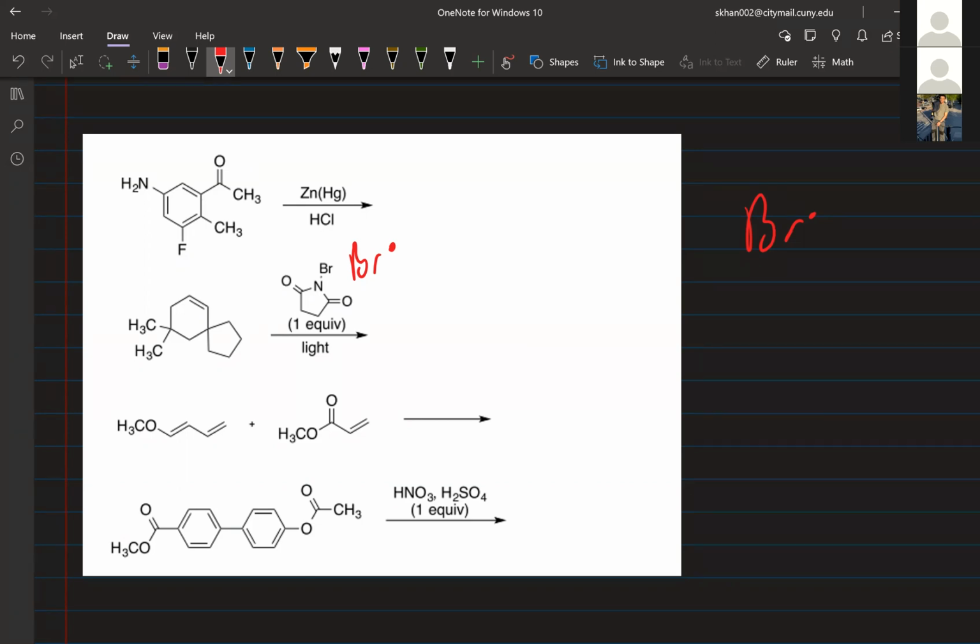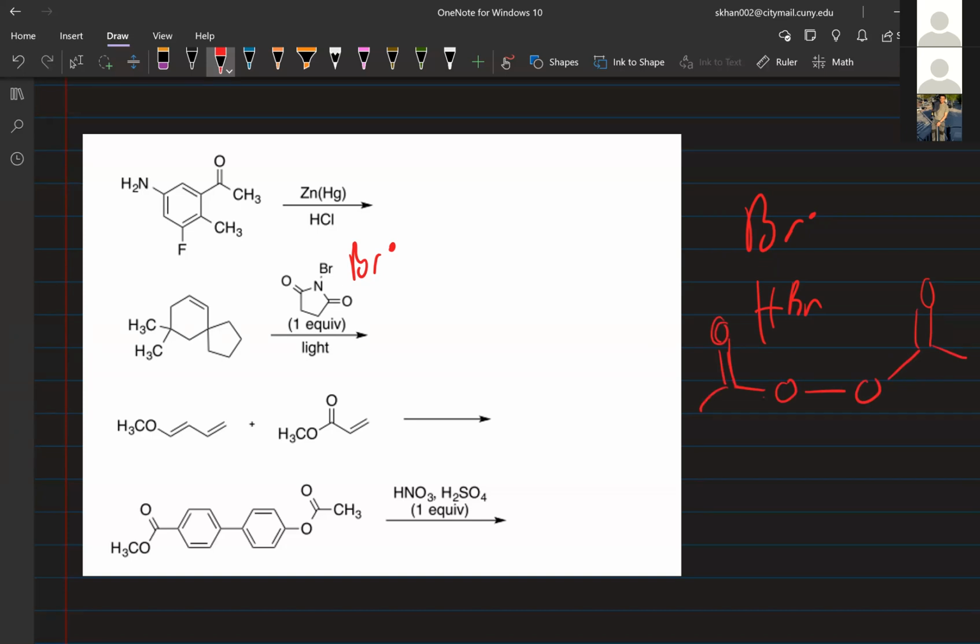So with HBr, what you guys saw the radical version was HBr with some sort of alkyl peroxide, not peroxy acid, right?